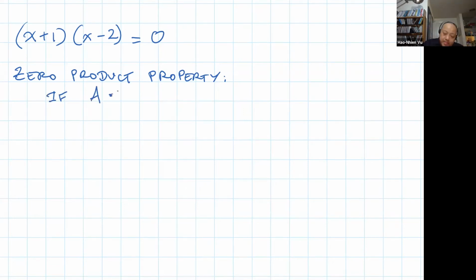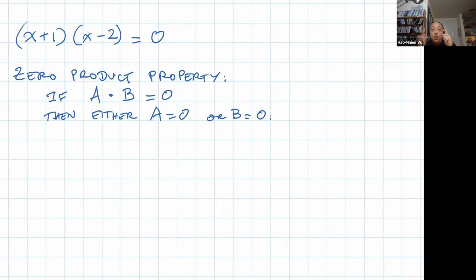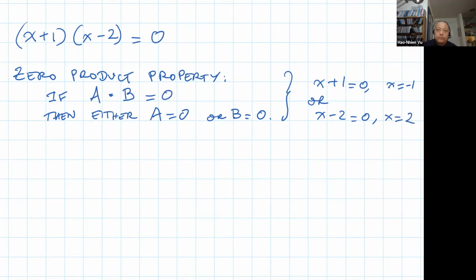If a times b equals 0, then either a equals 0 or b equals 0. That's the only way for two numbers to multiply to 0. So in this case, what you get is either x plus 1 equals 0, in which case x equals -1, or x minus 2 is equal to 0, in which case x equals 2.